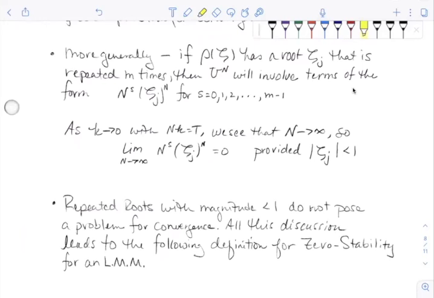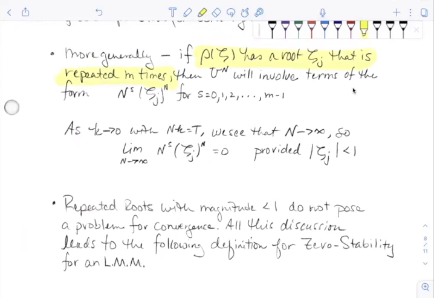Here is kind of the lead up to the theorem. So if I have one of these characteristic polynomials with a root zeta_j that is repeated m times, what happens on that?